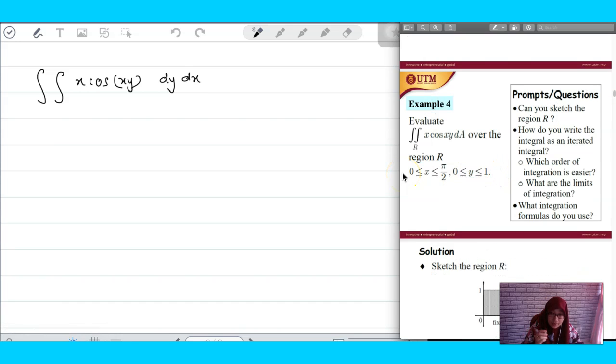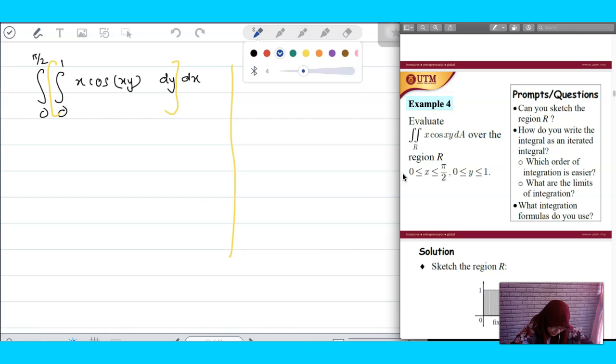So the limit of x is 0 to pi over 2, and the limit of y is 0 to 1. So now I want to solve for the inner integration. So x cos xy dy.